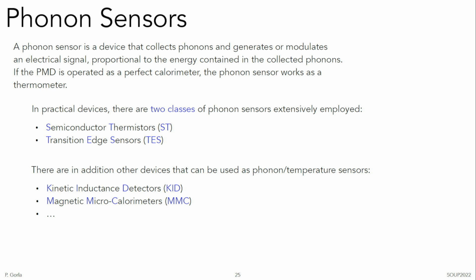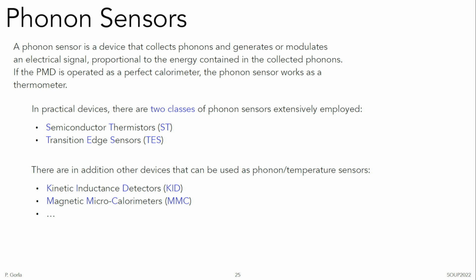So if one phonon-mediated device or detector is operated as a perfect calorimeter, basically what you have is a thermometer. You are measuring the temperature of, first of all, the phonon device, but basically of whatever is coupled to the phonon device, or the absorber.